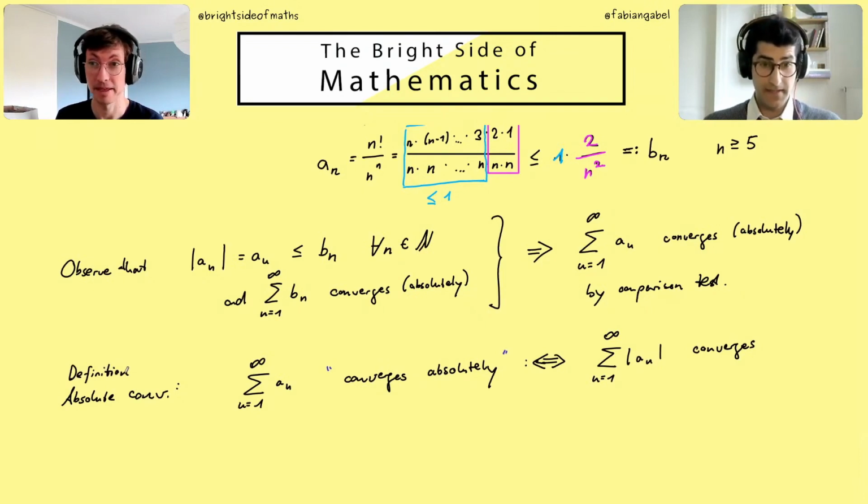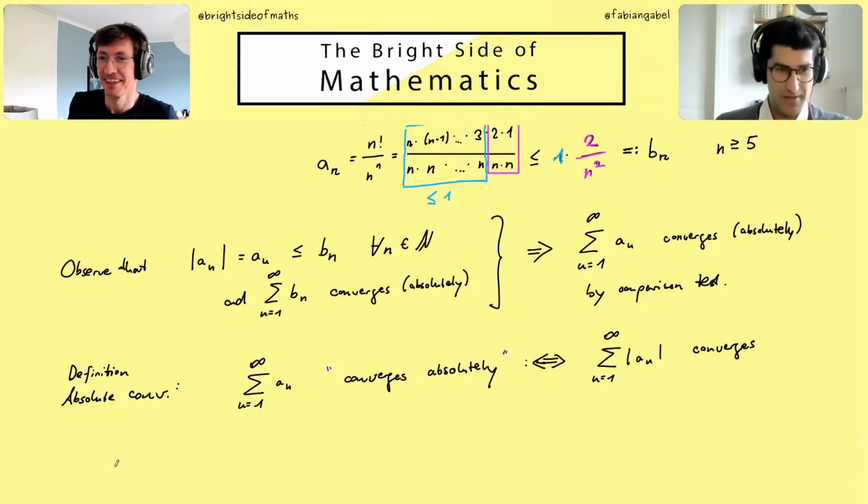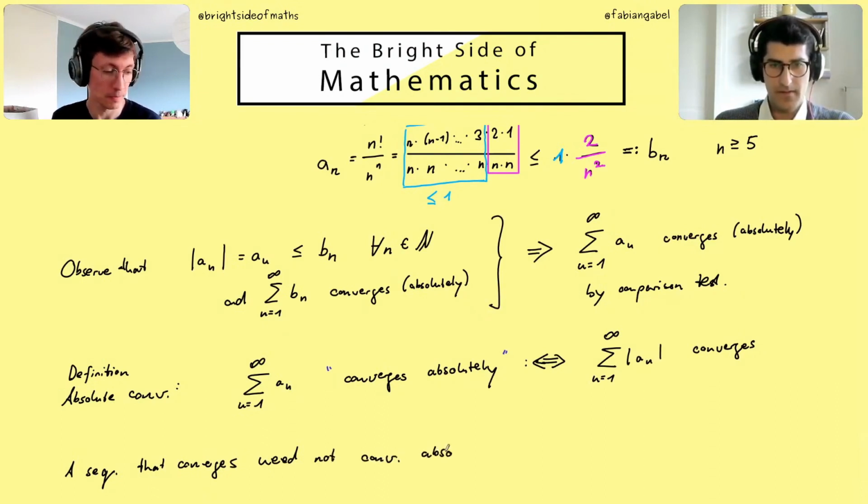Yes, it's stronger. And there is a classical example that tells you that not every convergent series also converges absolutely. Yes, maybe we should state this one. We know the Leibniz criterion, and exactly this criterion tells us that there are series that are convergent but not absolutely convergent. So absolutely convergent is indeed stronger.